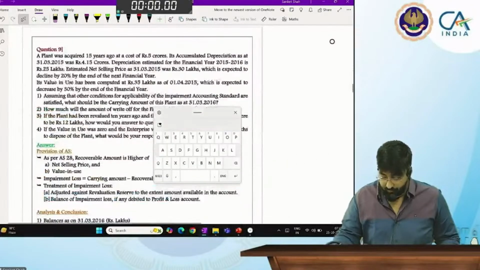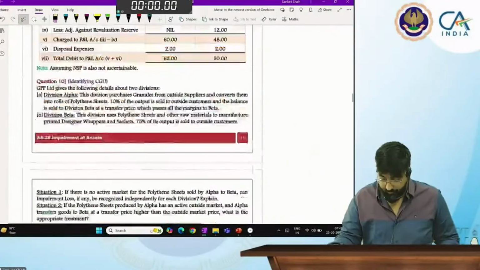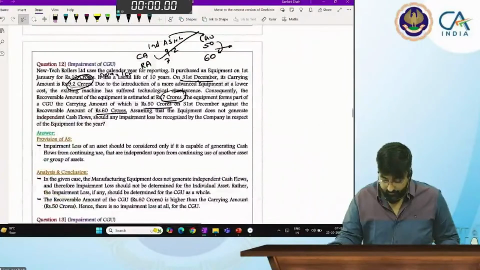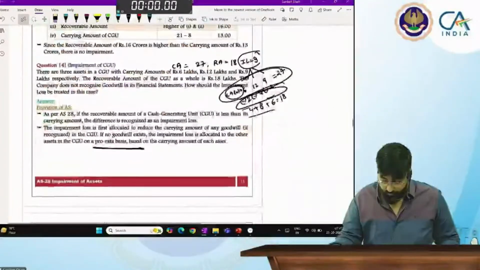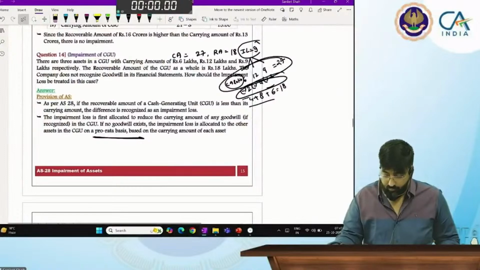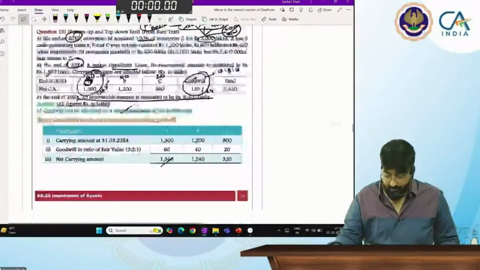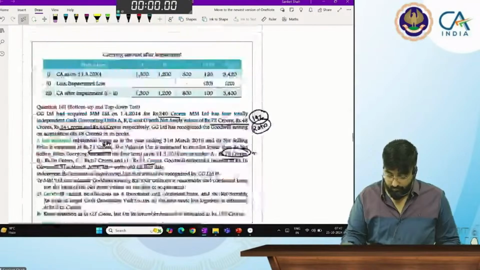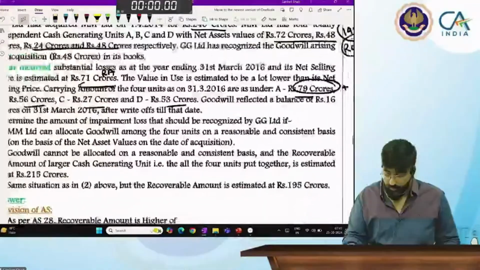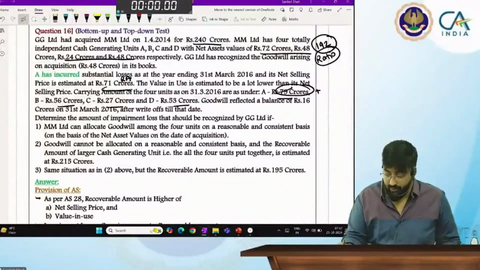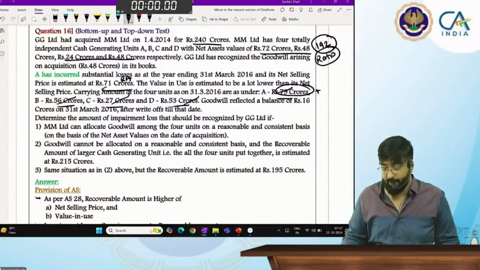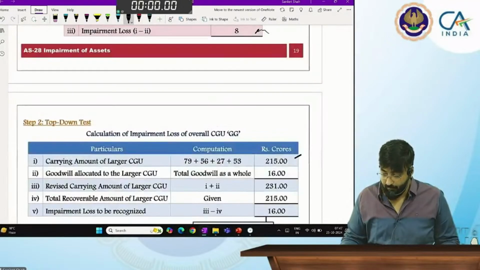Wait a second. What is the carrying amount? 79 plus 56 plus 27 plus 53. 192, sir.